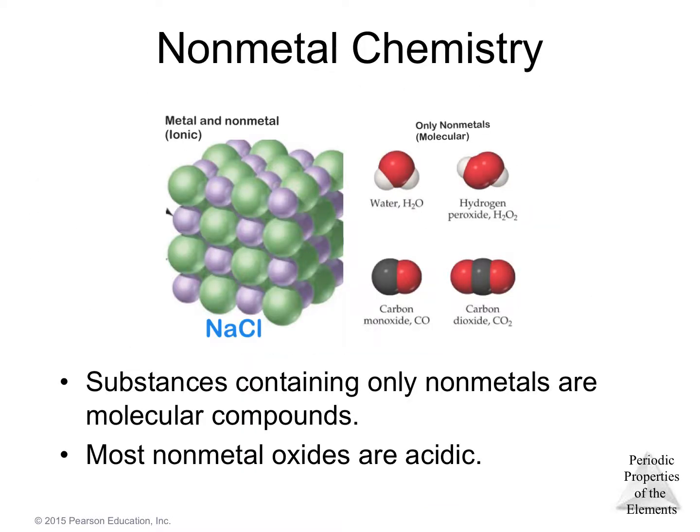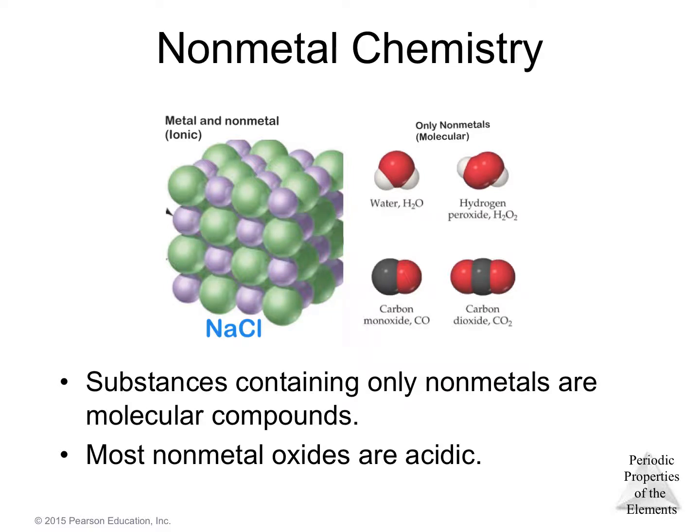Let's talk a little about how nonmetals react with other elements. We said just a minute ago that when you have a metal and a nonmetal, that's an ionic compound, like sodium and chloride. Ionic compounds are a series of ions held together by positive and negative charges. So an ionic compound, when you see the formula, like 1 sodium and 1 chlorine, that's a ratio. These things are in a 1-to-1 ratio.